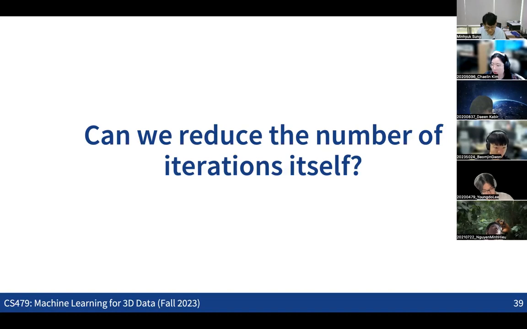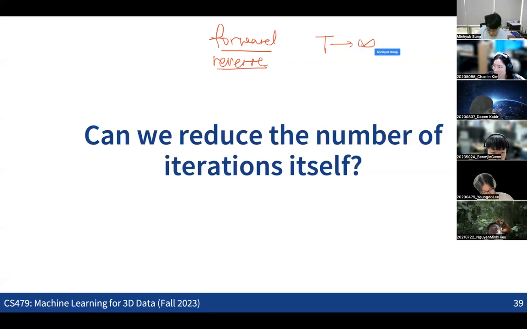But here the question is that in the forward and the reverse process, one of the reasons that we have a long computation time is that we have lots of iterations, right? And we also discussed that as t is increasing, the forward process converges better to the unit Gaussian distribution. So typically we are using T to be 1000.